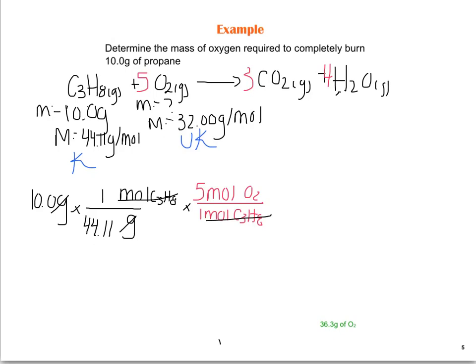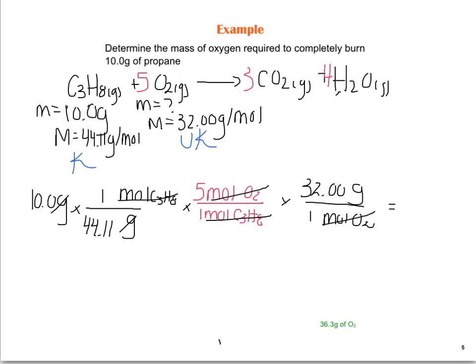We're left with moles of oxygen, but we're asked for mass, so we need to multiply by its molar mass. We need to cancel moles of oxygen and find mass, so this is 32.00 grams per 1 mole. Our moles of oxygen lastly cancel.